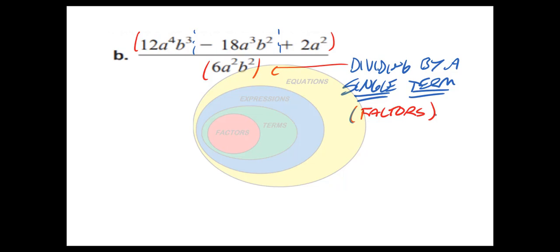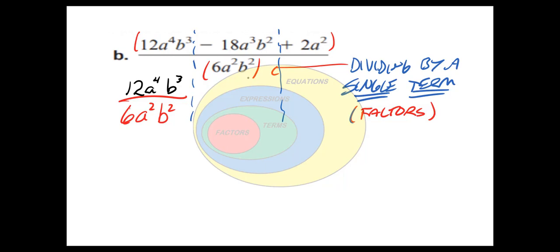But what we'll do then is rewrite. We'll just keep track of our terms in columns. We're going to rewrite each term in the numerator, the 12 a to the 4th b cubed, and divide that by the 6 a squared b squared.